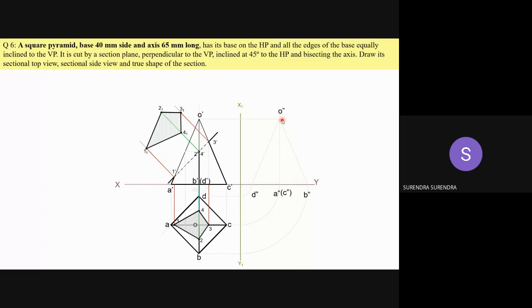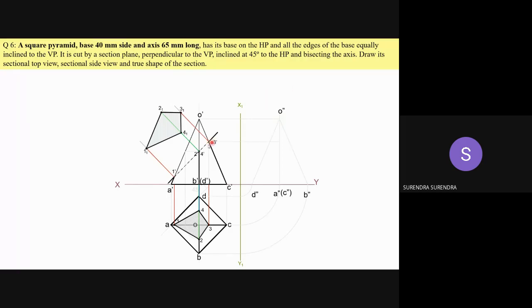Initially draw it with 2H. Why? Because we are removing the upper part, so the upper part must be left only with 2H. After projecting the pyramid, now let us project the points 1, 2, 3, 4 also.